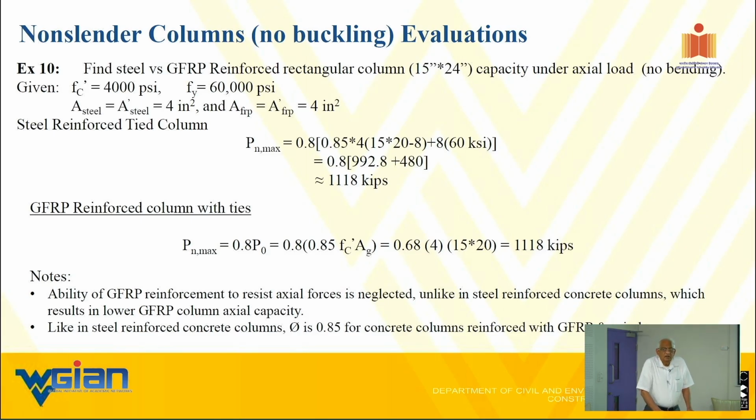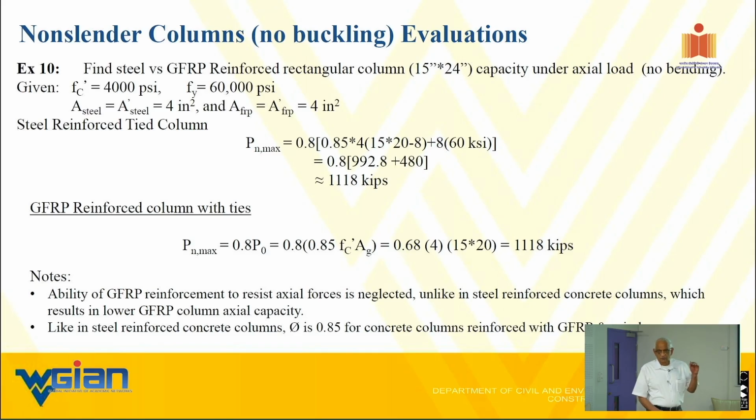normally, as I told you before, on the lower side you have 2% of the gross column area as the steel area. Normally we use about 3 to 4% of the gross area.